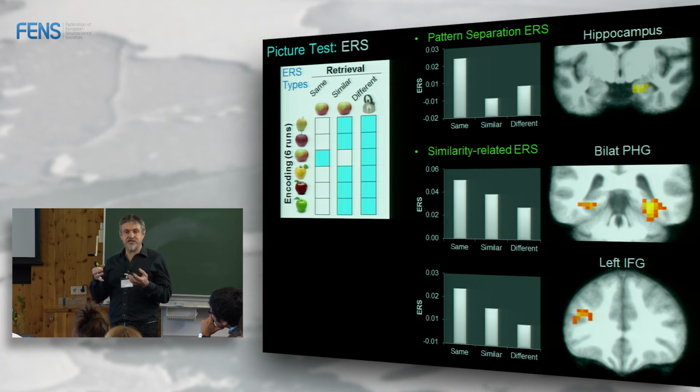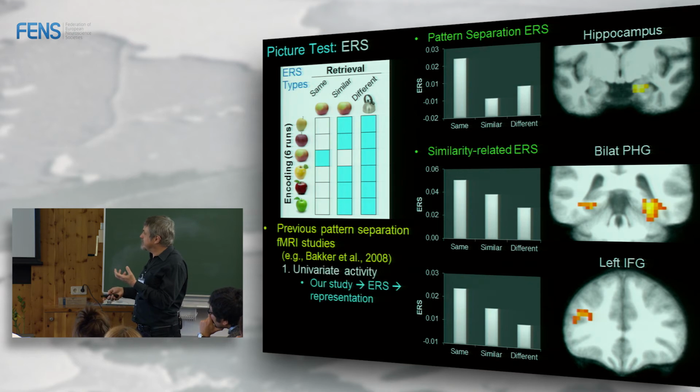So these regions are separating between similar patterns, which is similar to the logic used by Baker and other people from Craig Stark's lab, but they did it with repetition suppression and just presenting the one item again. We're doing it in a whole set of items and using multivariate representational similarity analysis.